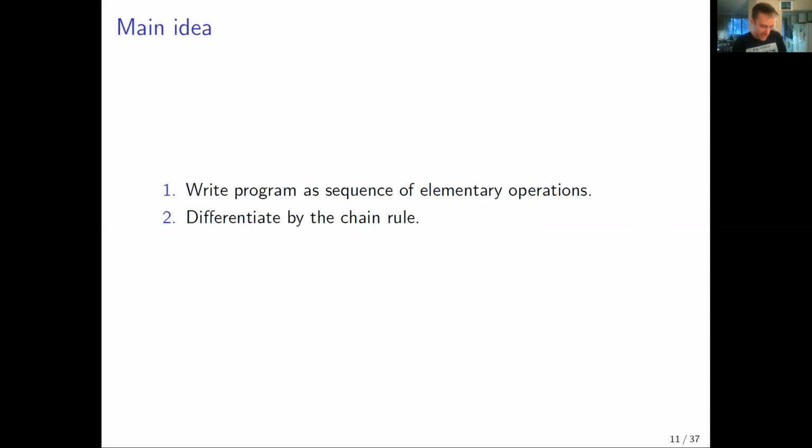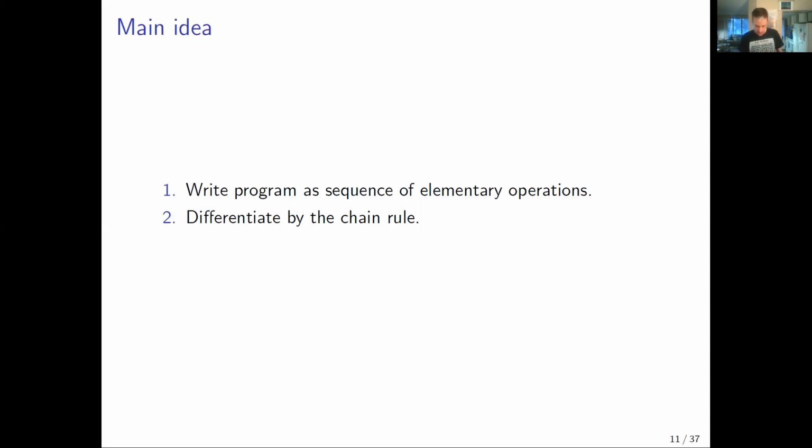Okay, so what is the main idea of automatic differentiation at a high level? Well, at a high level, it's very, very simple. That is, you just write your computer program as a sequence of elementary operations. And the key thing about these elementary operations is that they're sufficiently simple that we know how to differentiate them analytically.